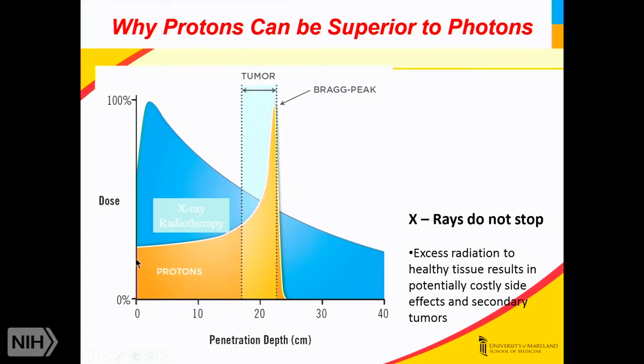Proton therapy works a little bit differently in the body in that it starts off a little bit weaker than photons. We don't worry about this too much. It gets strong where we tell it to, right in the tumor, and then it stops, and it has the shape, and this is what we call the Bragg peak. So what this can mean for our patients is that we can avoid this whole area here.